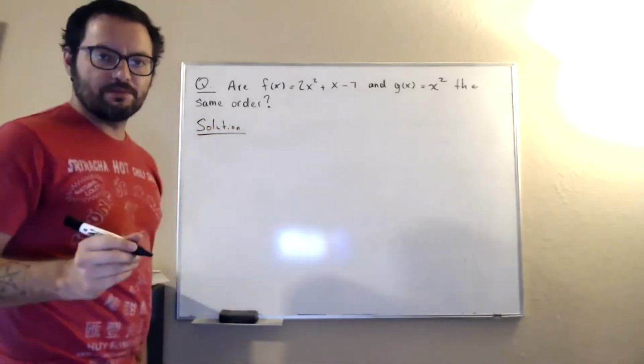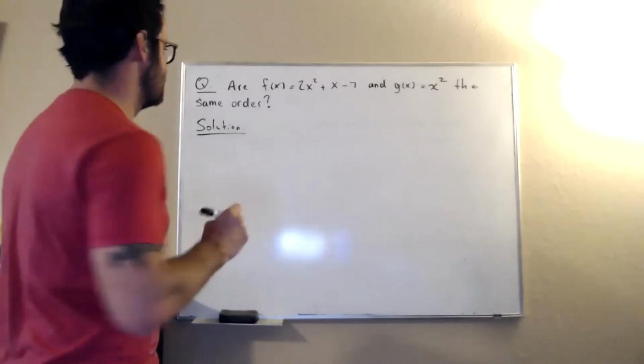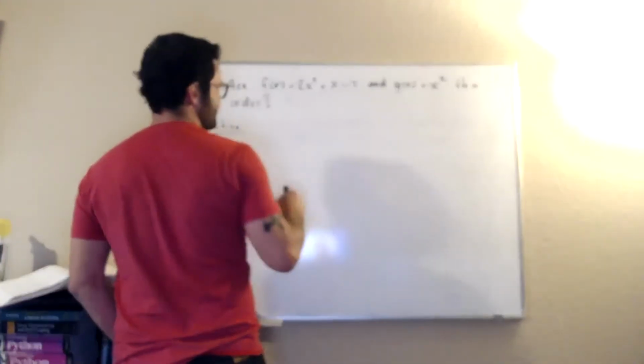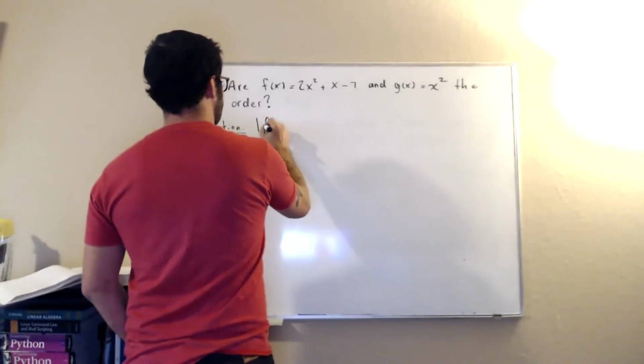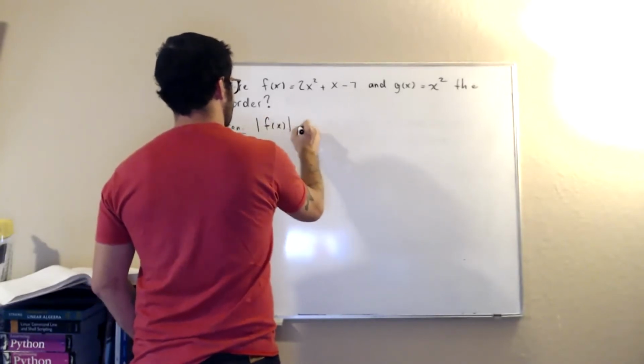By the way, they are the same order by a theorem in that section of the textbook, but we're just going to show it. So let's look at the absolute value of this.